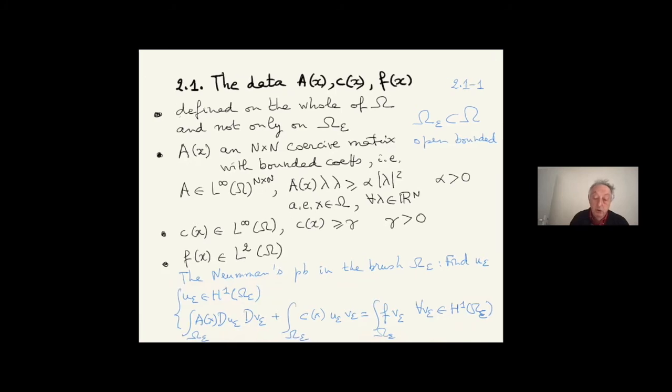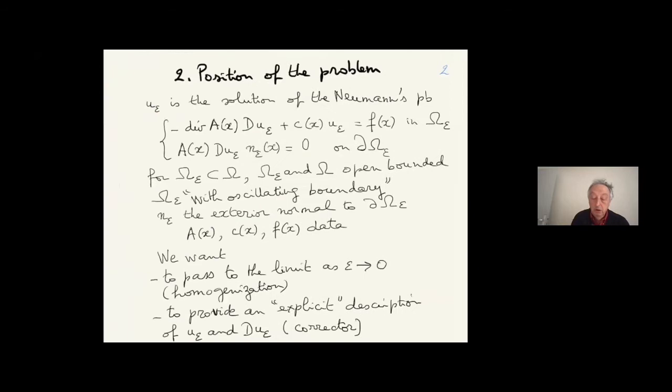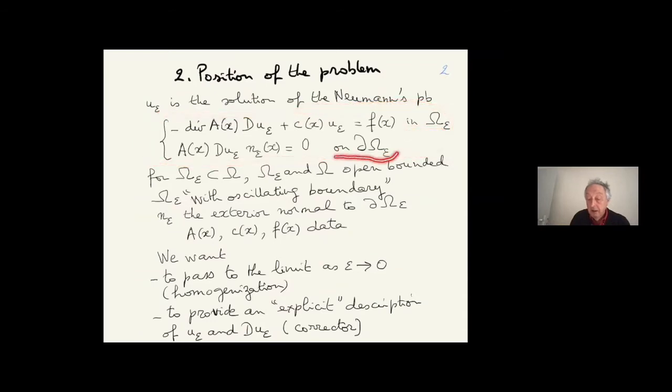I will not use actually this formulation, which is not a mathematically correct formulation, because I didn't say what it means that the equation takes place in omega epsilon, and neither the sense of this boundary condition here.